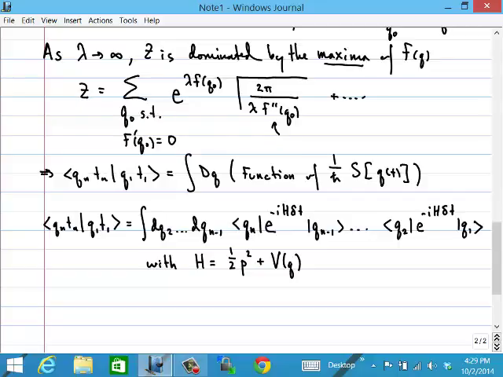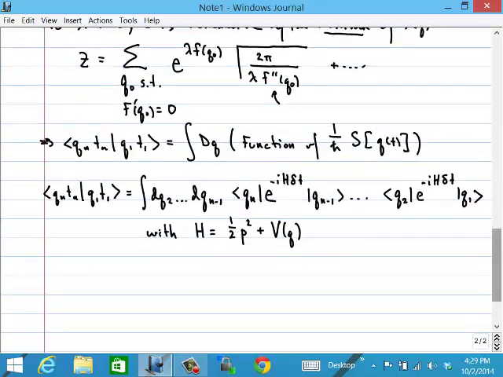Okay. So then, in order to compute this transition amplitude, I'd like to use the following trick. What I'd like to do is use the fact that e to the minus iH delta t, what is that?